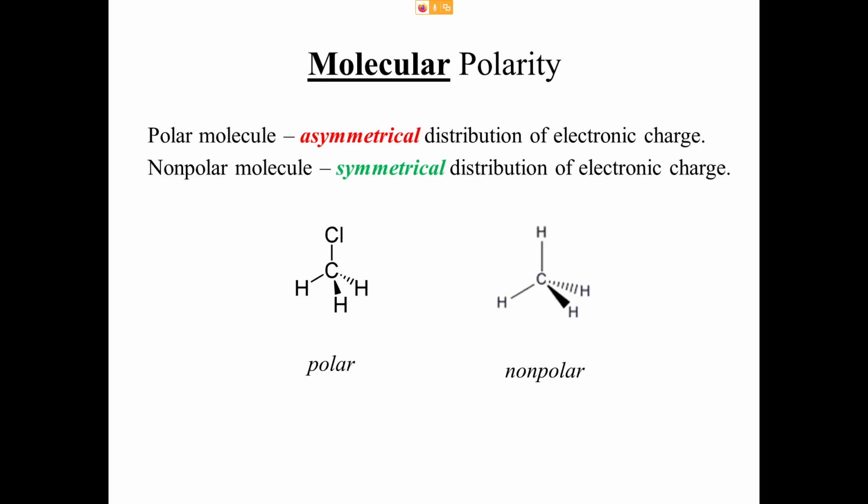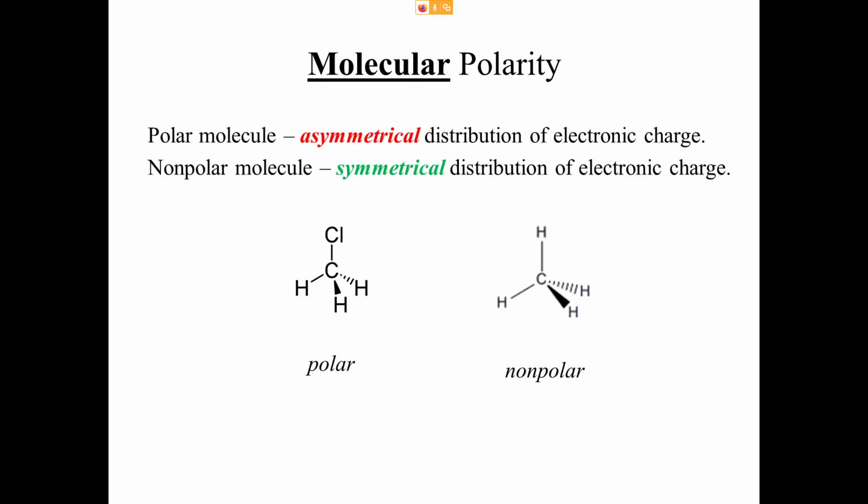And so I want you to think about molecular polarity. Unless all four things on a carbon with four bonds are identical, it is going to be a polar molecule, because the chlorine is pulling a little more strongly than the other three. The example on the right, methane, the carbon with the four hydrogens on it, they're all pulling exactly the same, and they're arranged in a tetrahedral, so they're symmetrical about the molecule.